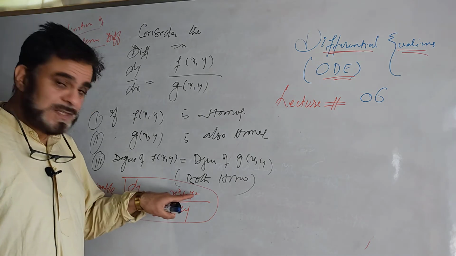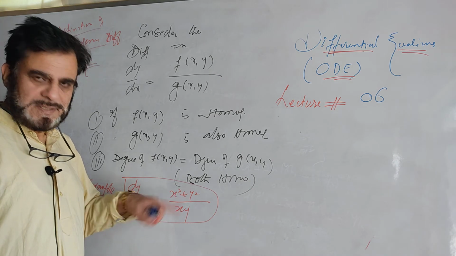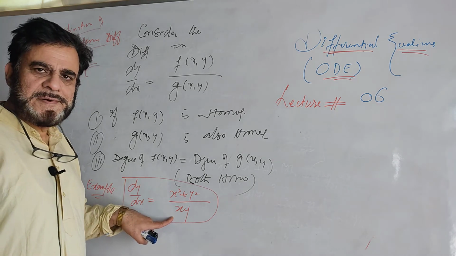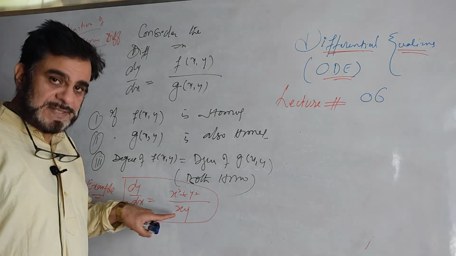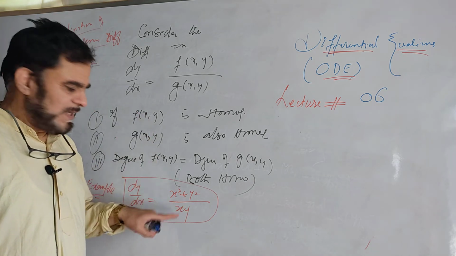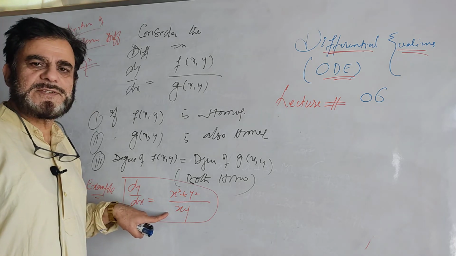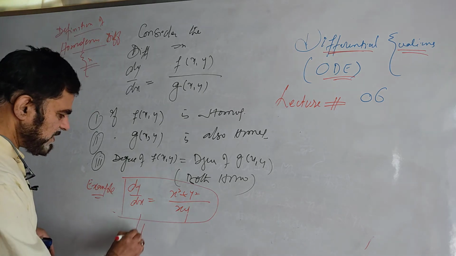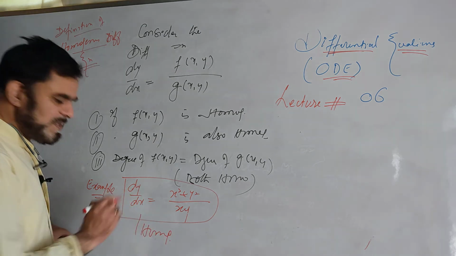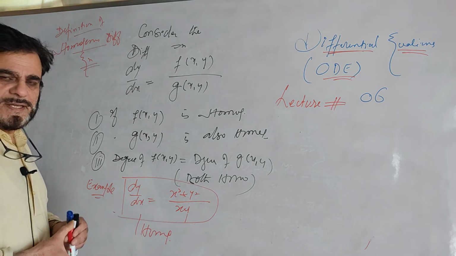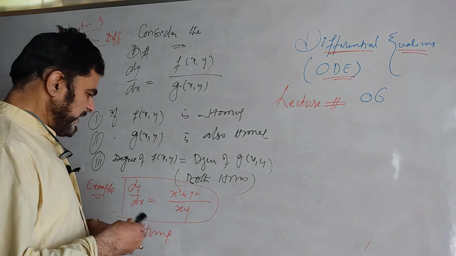So we say the numerator is homogeneous. Now come to the denominator. Here x y is degree 1 plus 1, considered to be 2. So this is homogeneous of degree 2, and this is also homogeneous of degree 2. So we say this differential equation is homogeneous.